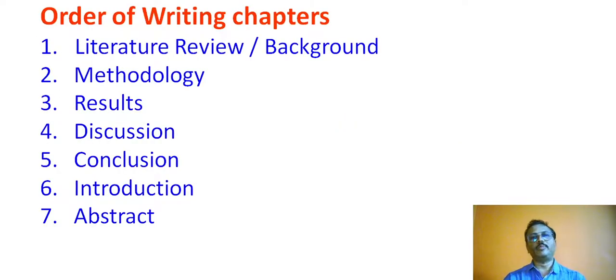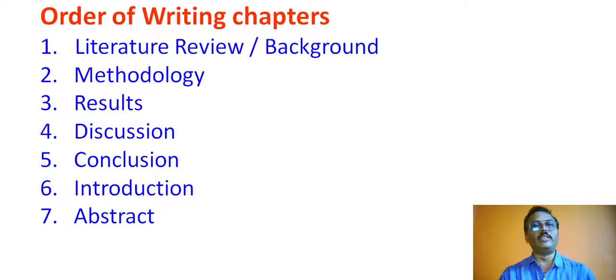Order of writing chapters. This is where most people go wrong. Usually we think that we have to first write the abstract, and then the introduction chapter, and then the literature review. You try to follow some sequence, but it's the wrong method. Whenever you are writing a thesis, or a paper also, this is the order in which you have to do it.